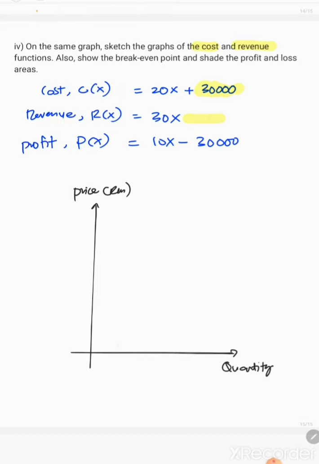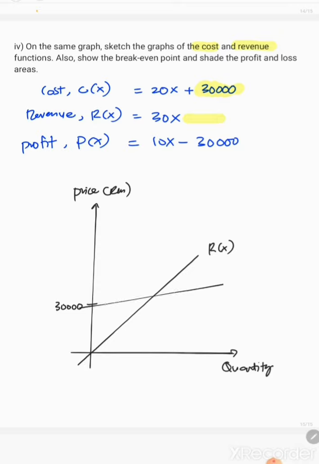When there is no y-intercept, the line will touch the origin. This is the revenue graph. And how about the cost? For cost, we have the y-intercept 30,000. So we imagine the graph will be like this.